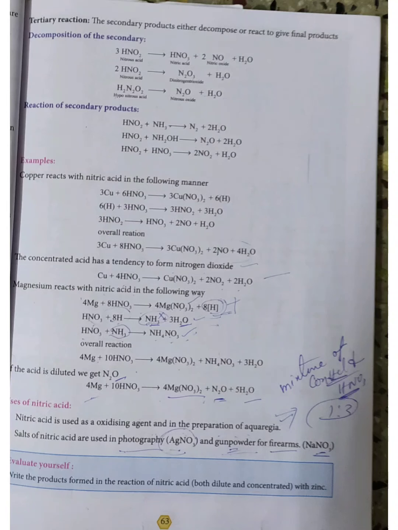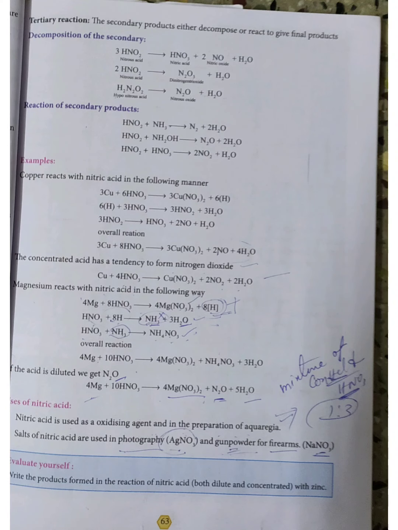Nitric acid combined with 6 moles of nascent hydrogen forms hydroxylamine and water molecule. Nitric acid combined with 8 moles of hydrogen forms ammonia and water molecule. Nitric acid combined with 8 moles of hydrogen forms hyponitrous acid as the product. Understood or not?